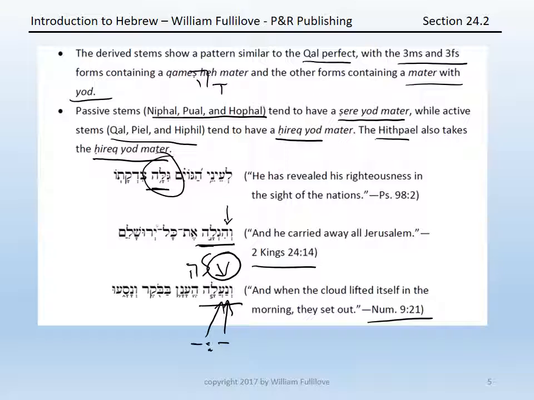Because of the compound shewa, the prefix vowel becomes the echoing short vowel of the A class. Venaala, when it lifted itself. What is the subject? He'anan, the cloud. And when the cloud lifted itself, baboker, in the morning. Notice that the patach indicates the presence of a definite article, in the morning. Then they set out.